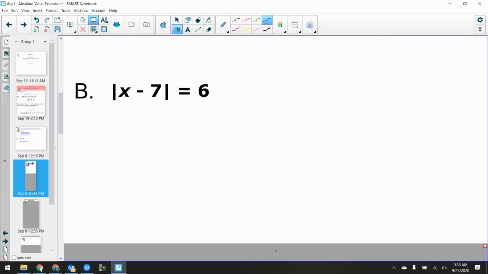Okay, so my 2 equations should look like this. x minus 7 is equal to 6, or x minus 7 is equal to negative 6. Right? The absolute value should equal the positive or the negative of the other side. Because again, think about it this way.